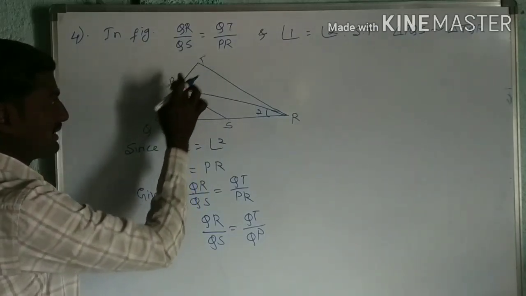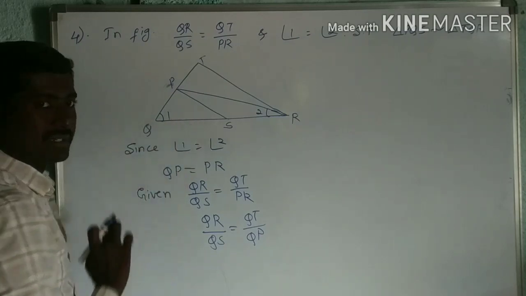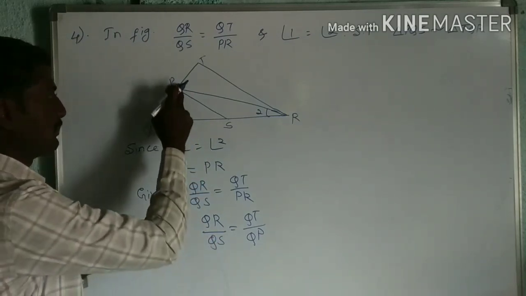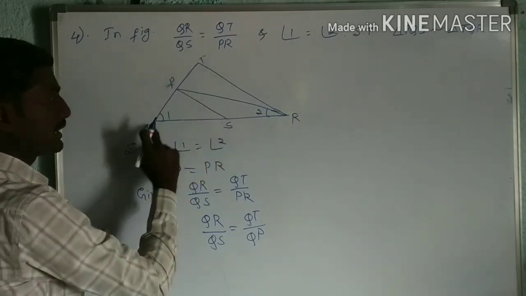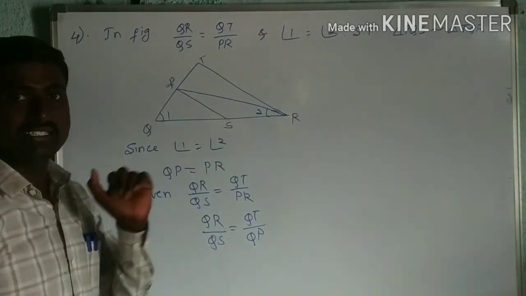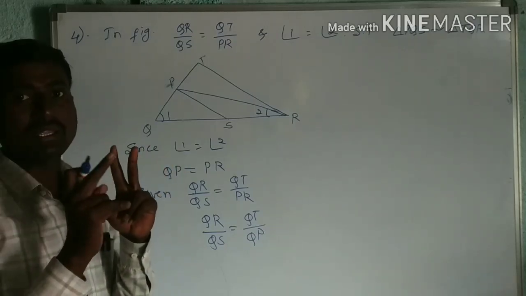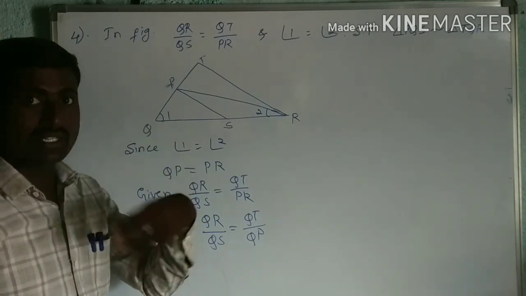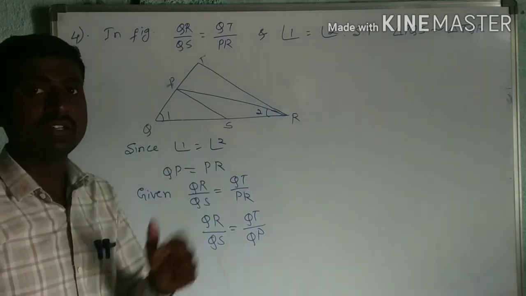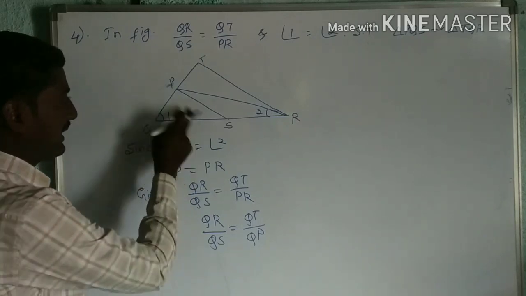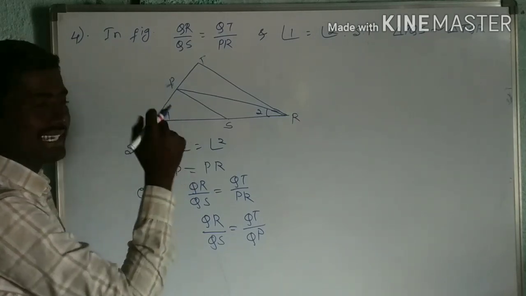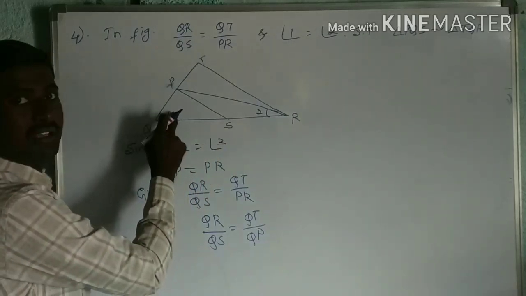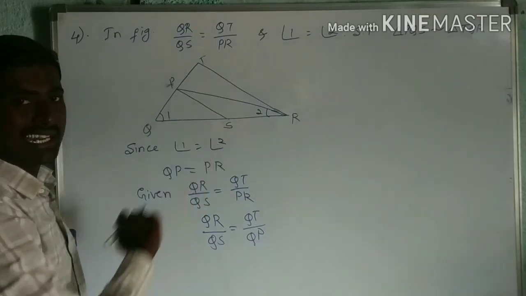Now by using the SAS similarity criterion, I can say that these two triangles PQS and TQR are similar. SAS means two corresponding sides of the triangles must be proportional, and the angle between the two sides must be equal. That is, angle Q is equal for both the triangles.